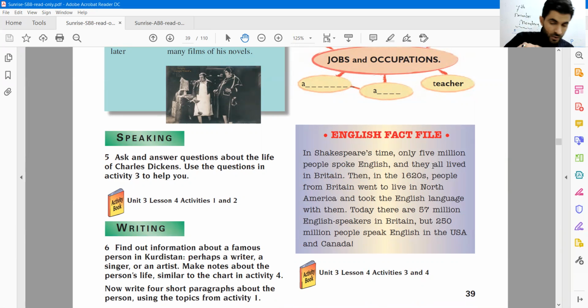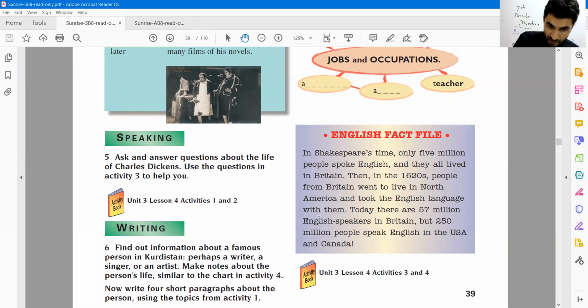Then in the 1620s, people from Britain went to live in North America and they took the English language with them. So they were speaking in English.